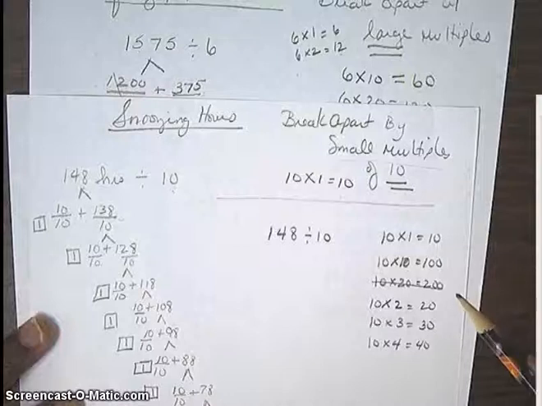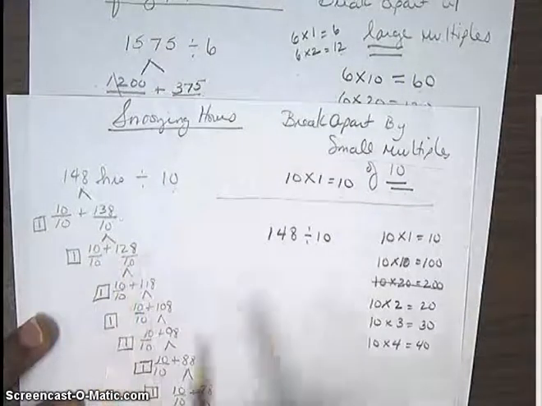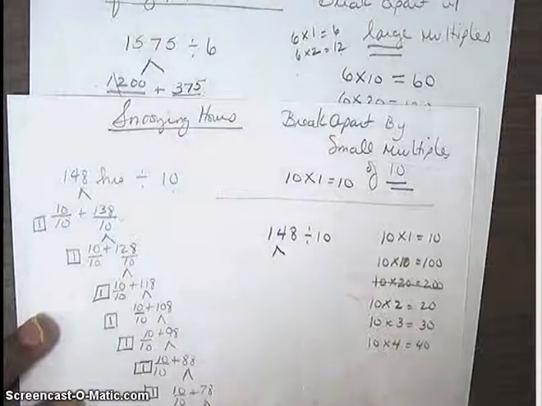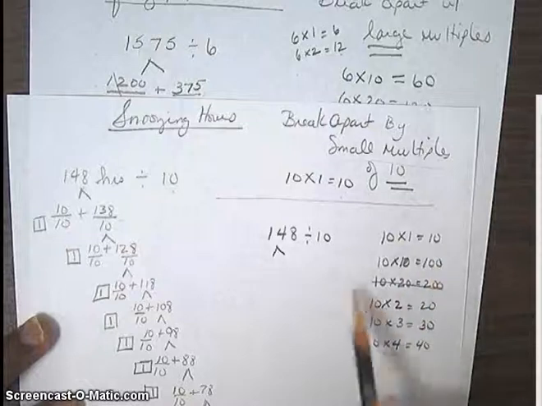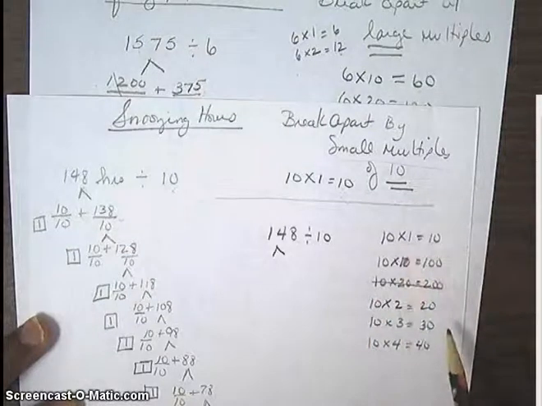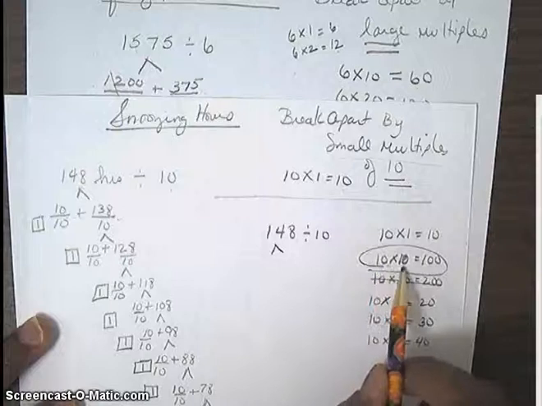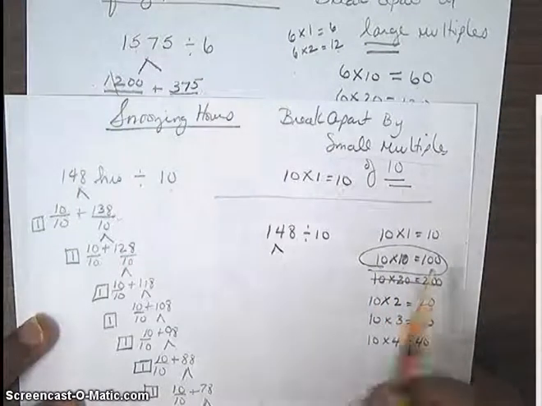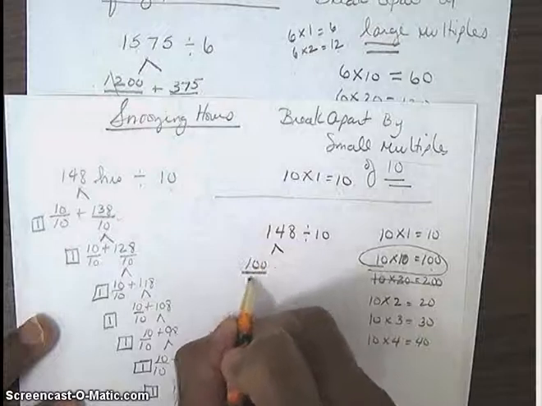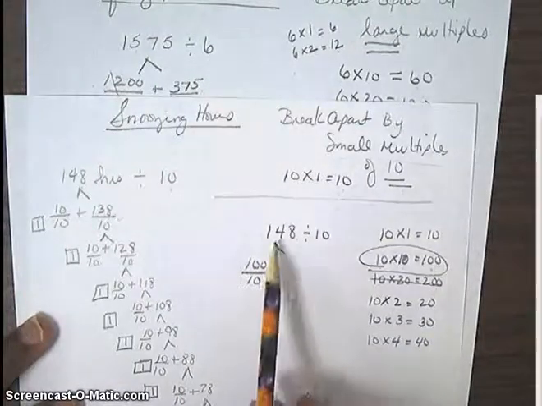Let's break it apart, but this time, instead of just using smaller groups of 10, I want us to use a large group to break this apart in the biggest way that we possibly can without going over. With our list of multiples of 10, right now I'm thinking we should use 10 times 10 is equal to 100. So if I take 100 and divide it by 10, I'm going to be eliminating a large group right off the bat.